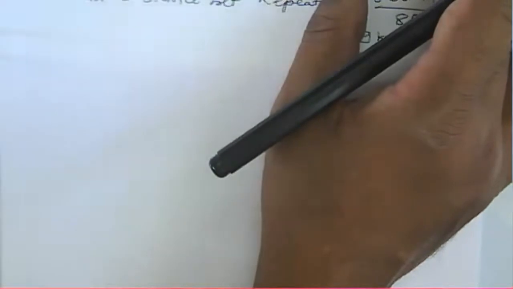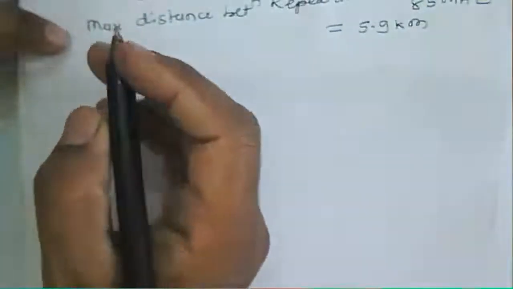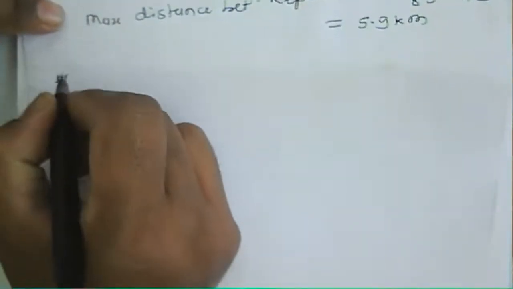So similarly, we have numericals for pulse spreading, distortions and all. We'll go ahead with one example here.